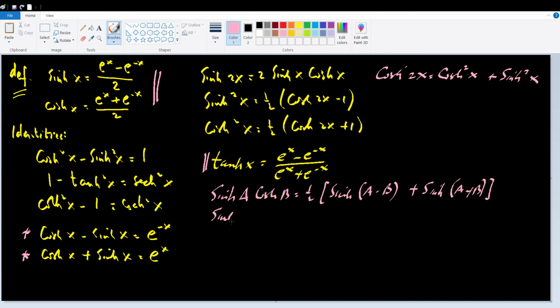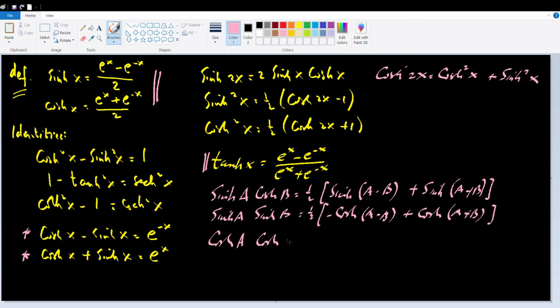We also have hyperbolic sine of A times hyperbolic sine of B equal to 1/2 of minus hyperbolic cosine of A minus B plus hyperbolic cosine of A plus B. Finally, hyperbolic cosine of A times hyperbolic cosine of B is 1/2 of hyperbolic cosine of A minus B plus hyperbolic cosine of A plus B. Okay, so these are important identities that will help us evaluate some integrands involving hyperbolic functions that cannot be evaluated using the fundamental formulas for hyperbolic functions.